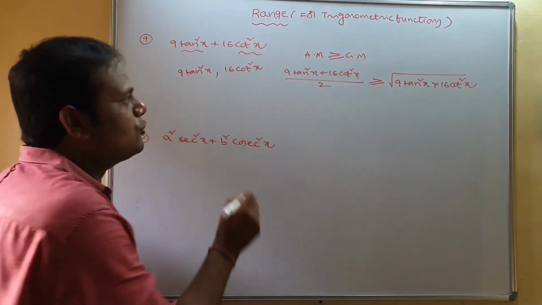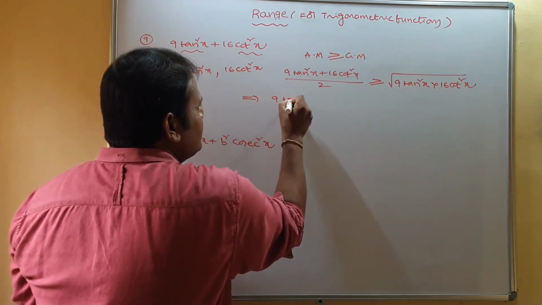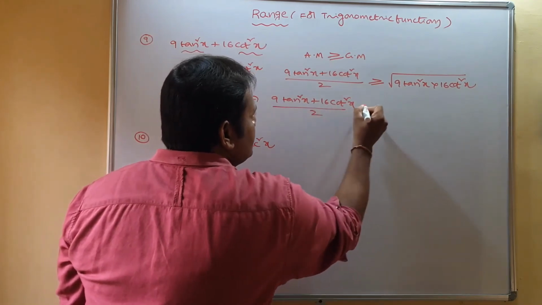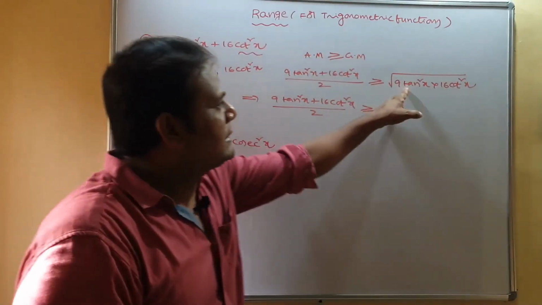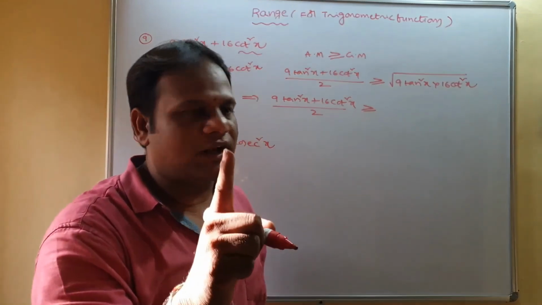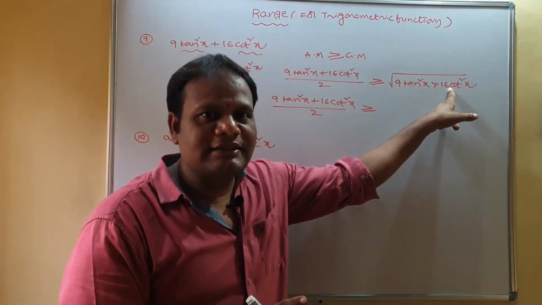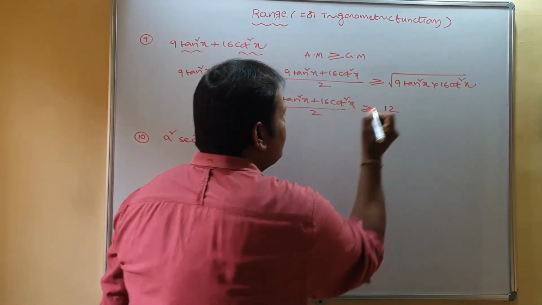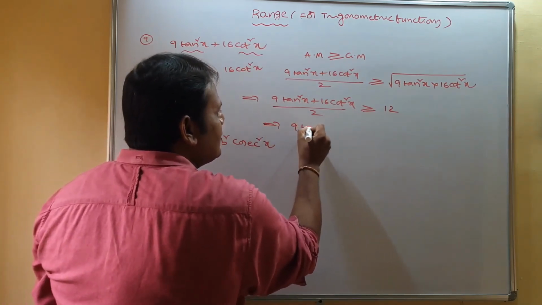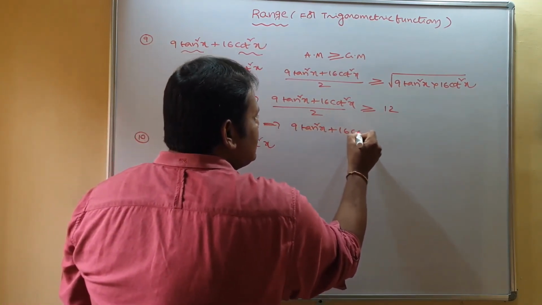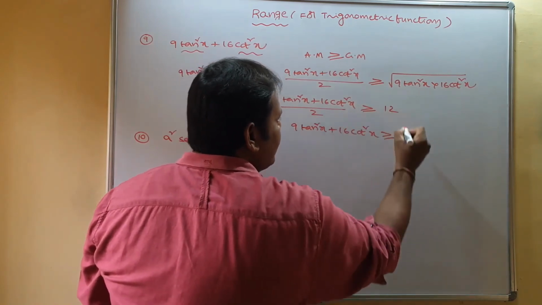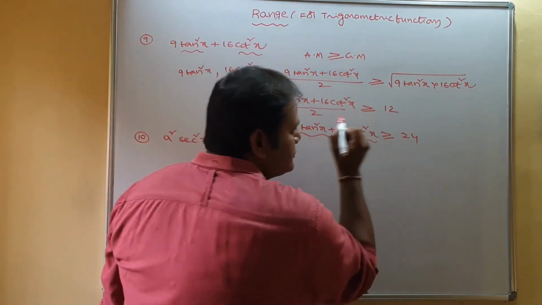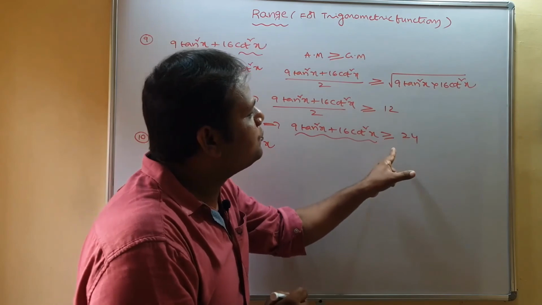So (9 tan square x plus 16 cot square x) by 2 is greater than or equal to root of 9 into 16, times tan x into cot x, which is 1. 9 into 16 is 144, and root 144 is 12. So 9 tan square x plus 16 cot square x is greater than or equal to 12 into 2, which is 24. Is it clear? So all these values are 24 or more than 24.